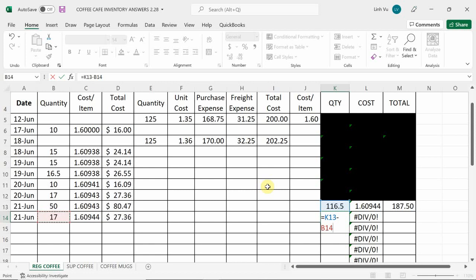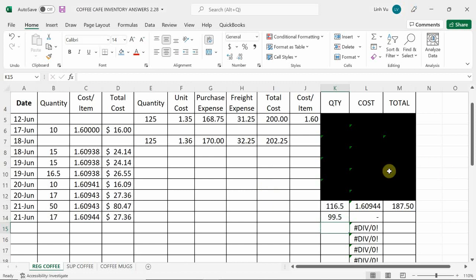We need to take the 17 from 120, 116. 116 is what I have right now. Now we need to take the 17 from the 116, because that's how many pounds I have right now, currently. But I ended up using 17 pounds. So how much should I have left? Yeah, we got 99.